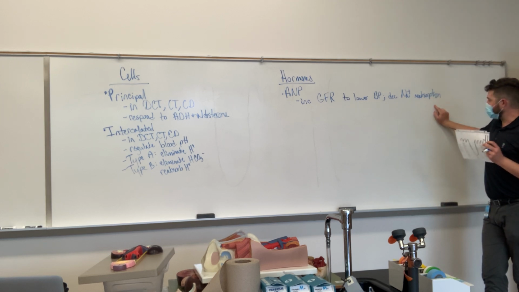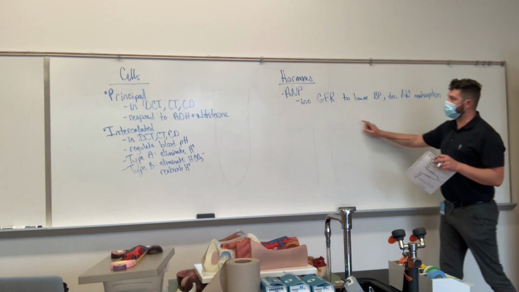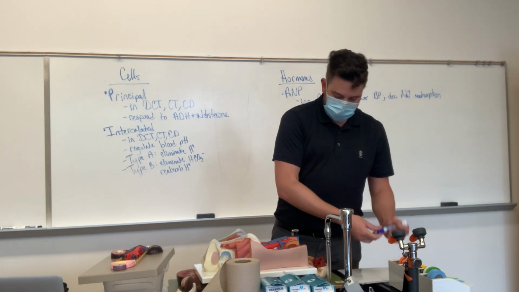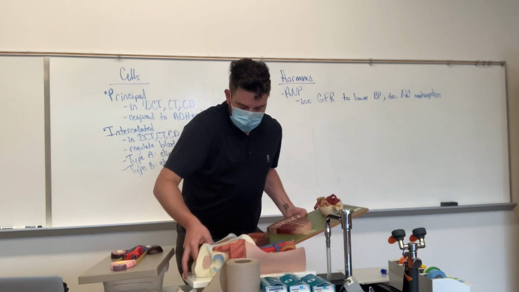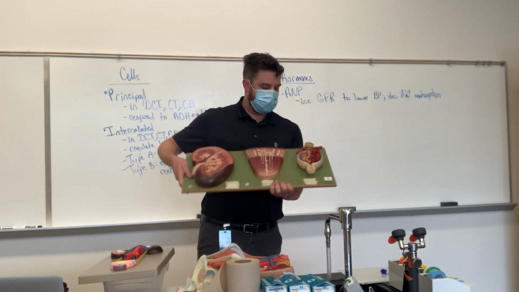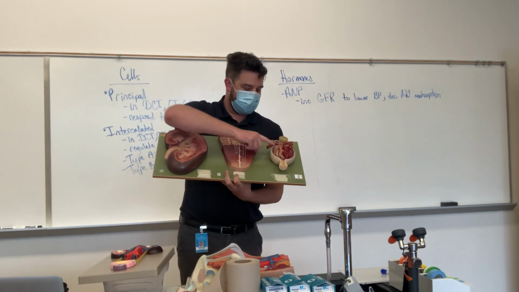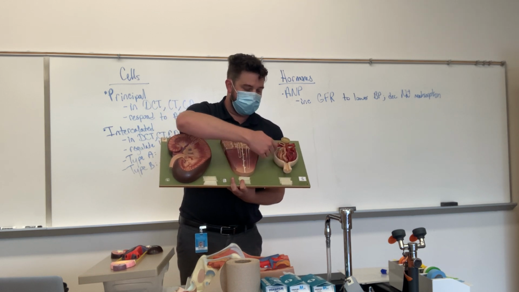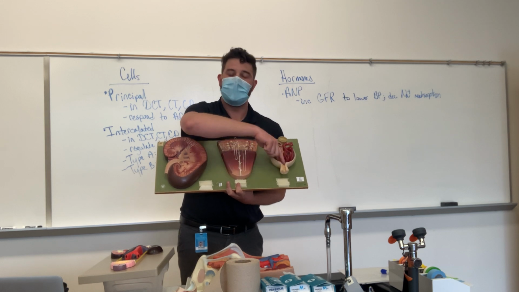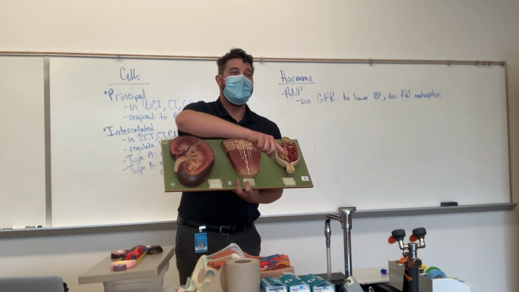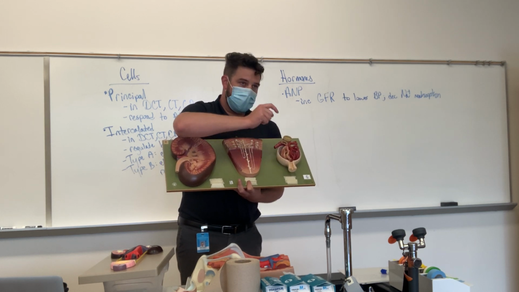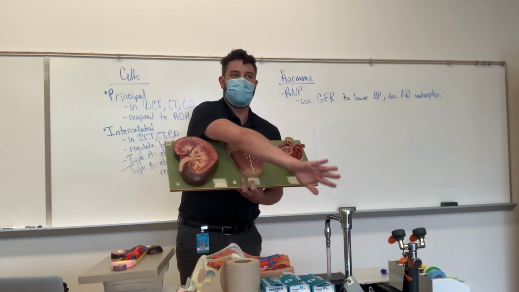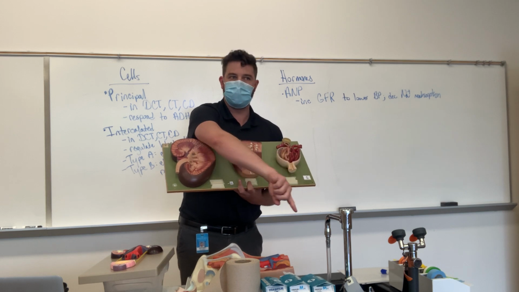As you increase your GFR, it's going to increase the rate of fluid filtration in your capillaries. So as blood comes in, you're going to have more fluid filling up the capsular space, going down through the tubule system. When you increase GFR, you don't only increase the rate of filtration here, it affects the whole tubule system.